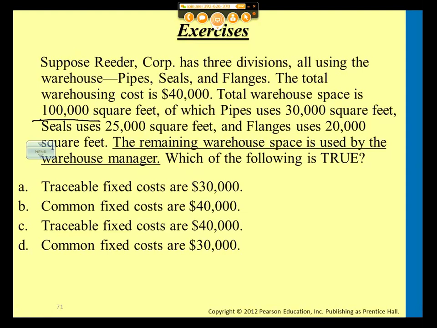So the 3 are using 75% of the warehouse space. All right, so what am I doing next with this?